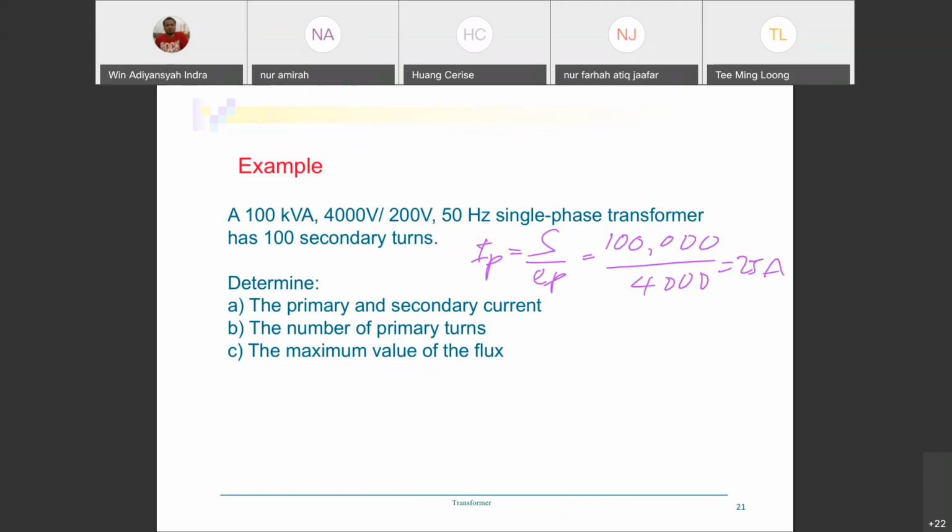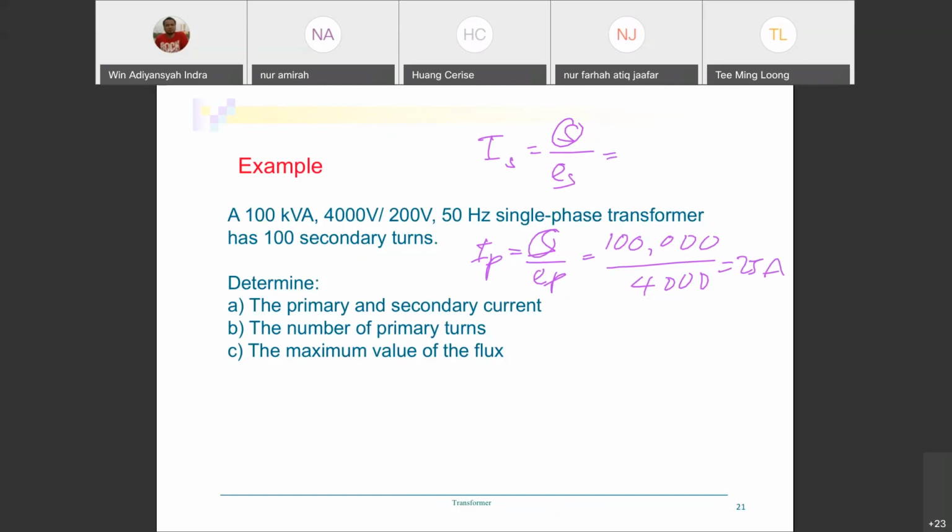Secondary current. The formula is equal to S over ES. But is the S apparent power the same as this one? Okay, so we assume this is an ideal transformer, so the S will be equal.